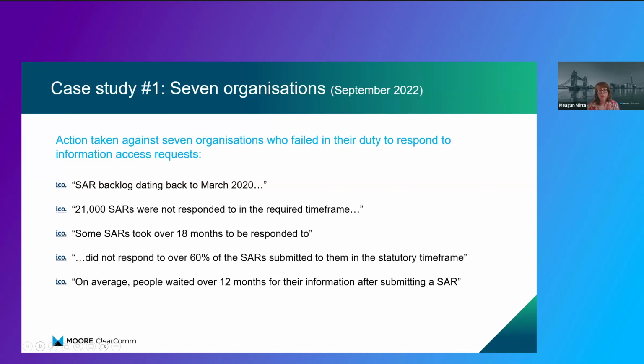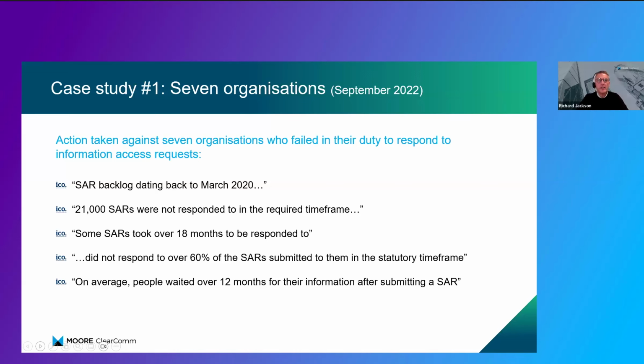So that is where work started backing up for a lot of these big organizations. But I've seen smaller organizations taking months and months to deal with subject access requests for no reason, they just don't have the resource or the knowledge or expertise in house. So it does vary, but some of these big ones get significant numbers of requests every month.